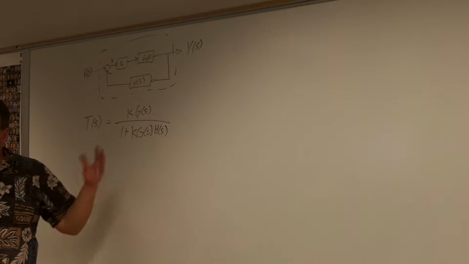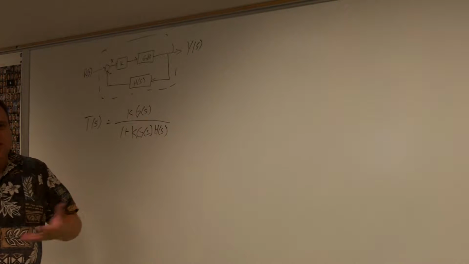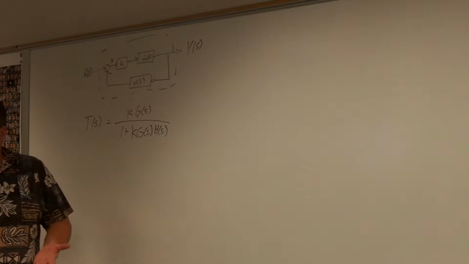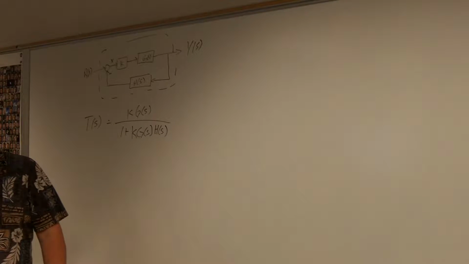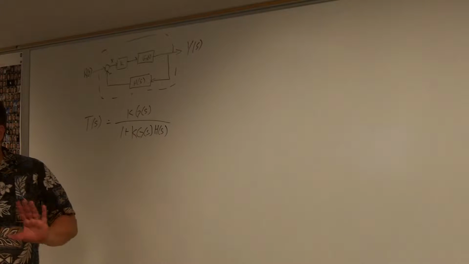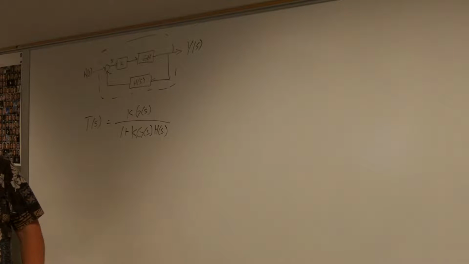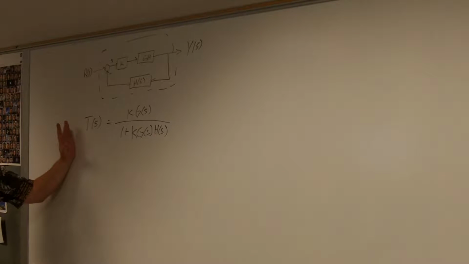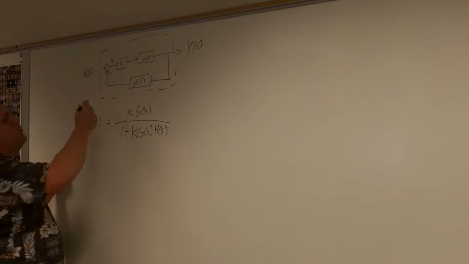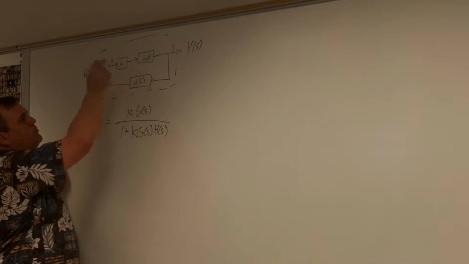So you could solve algebraically and get this, but at a certain point you want to get comfortable where you don't always have to go back to basic principles to solve. Though you can. If you ever forget, by all means, go back to whatever's going to help you to get the answer. Good?